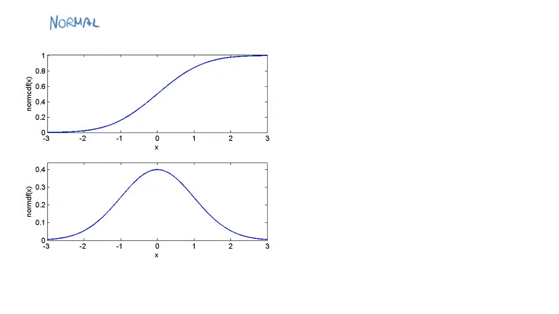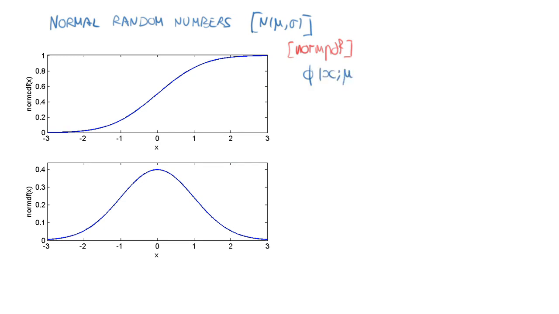To describe normal random numbers of parameters mu and sigma, we will use the PDF, to which we will refer as norm PDF, or simply phi of x, depending parametrically on mu and sigma, which is equal to 1 over the square root of 2 pi sigma squared times the exponential of minus (x minus mu) squared over 2 sigma squared.